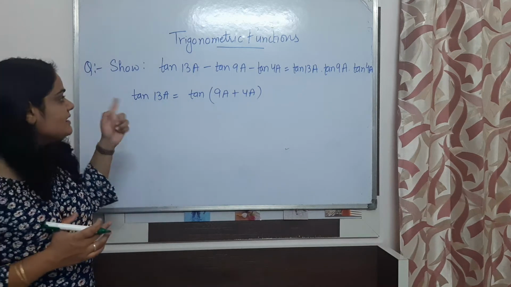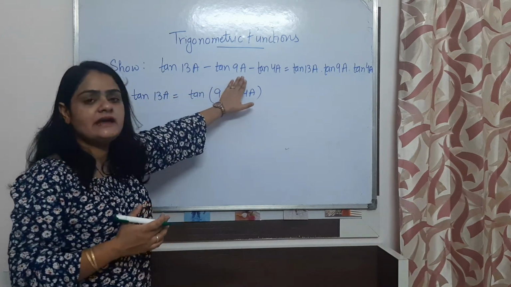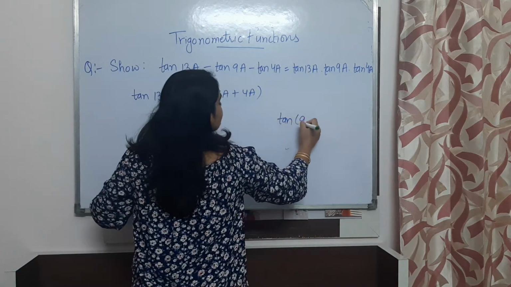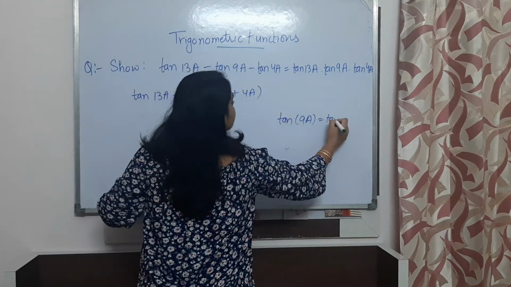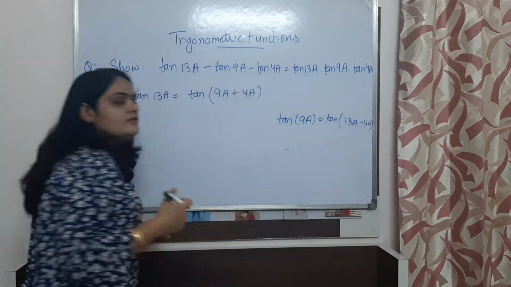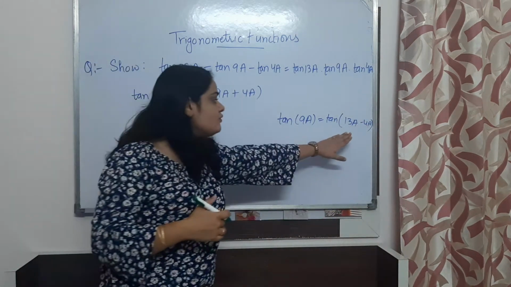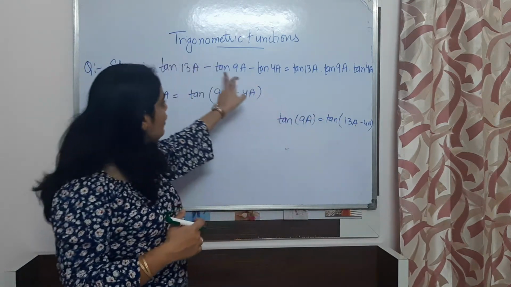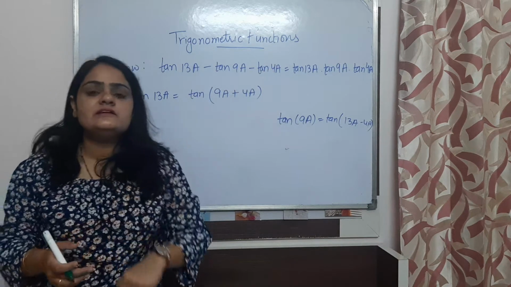Just because of this very reason, I segregated 13a as tan of 9a plus 4a. Even I can take tan of 9a. How can I segregate tan 9a? I can write 13a minus 4a, because from 13a, if I subtract 4a, I will get 9a. And 13a, 4a and 9a, all 3 angles are present in the statement.